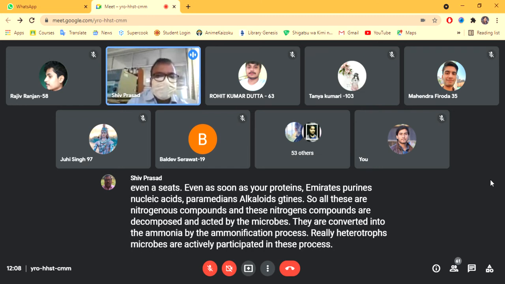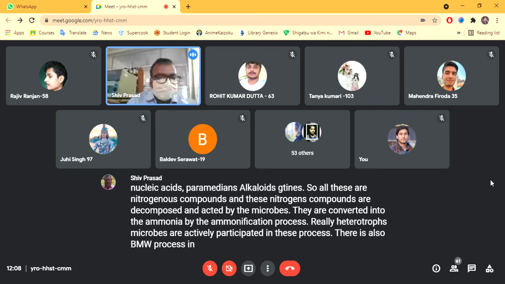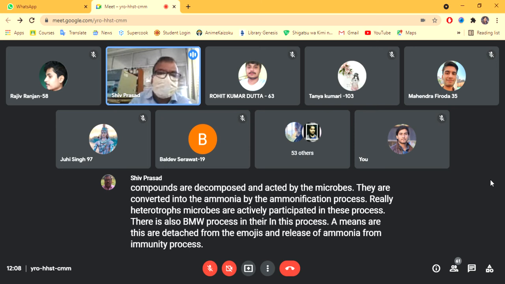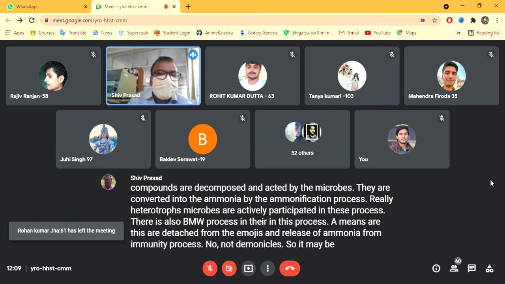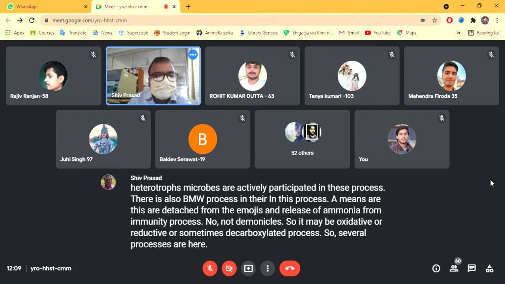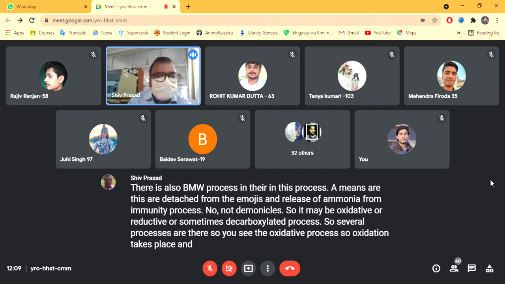There is also the deamination process. In this process, amines are detached from the amino acids, and the release of ammonia from amino acids occurs through a process known as deamination. It may be oxidative, reductive, or sometimes decarboxylative. So several processes are there. This is the oxidative deamination process: oxidation takes place and the ammonia is released.